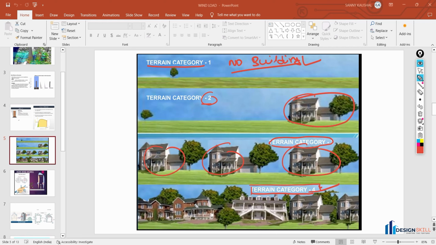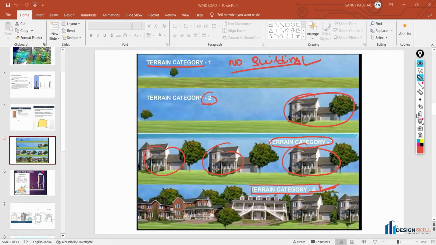The flow of the wind is less because in such a closed space a lot of buildings are constructed. So generally you will find terrain category 4 in the cities.